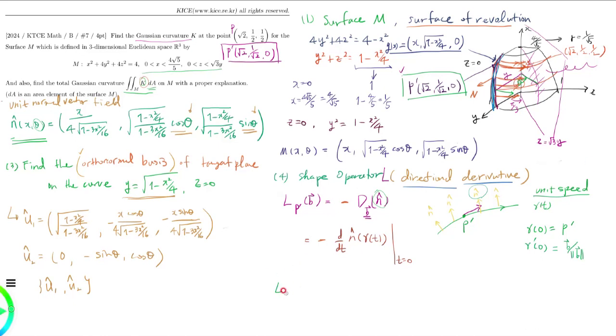Apply the shape operator at a point of this generating curve g of x in the direction of one of our orthonormal bases u1, and the other one, u2 direction.